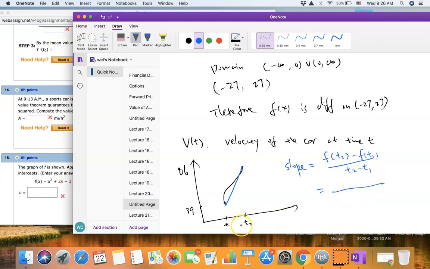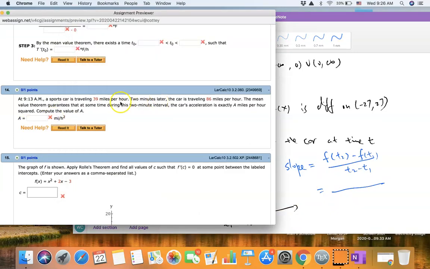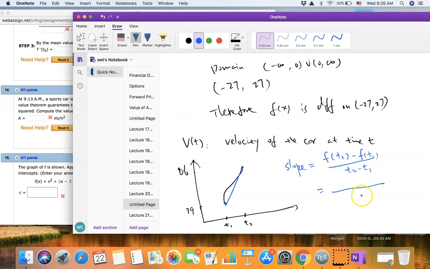The difference of these two times is 2, because the second time is 2 minutes after 9:13 a.m. The function values are 86 and 39 respectively. Therefore, the slope is 47 over 2.